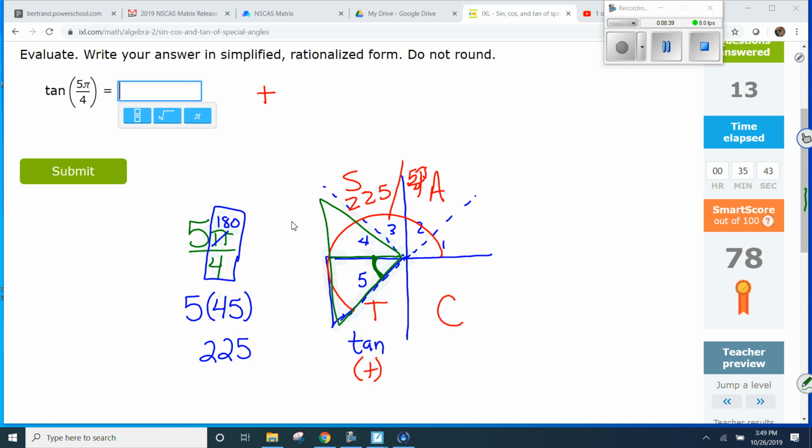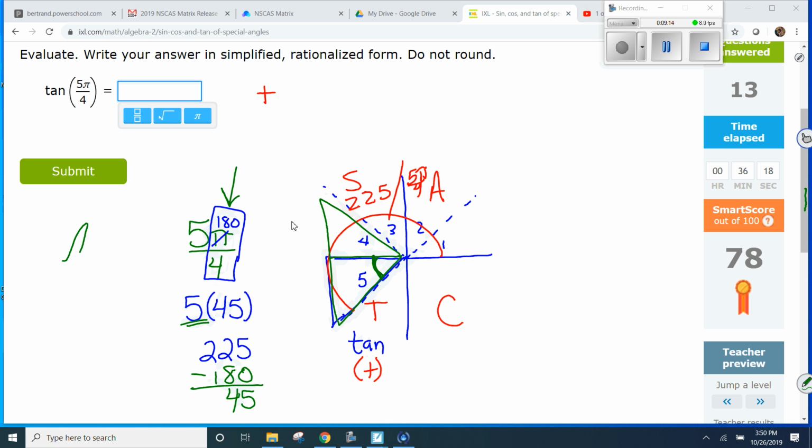And 225, if you subtract 180 from it, if they happen to have given it to you in degree measure, then you are going to end up with a 45-degree reference angle. But like I said, when you simplify that pi over that denominator value, that's going to tell you what your reference angle is. This value of 5 tells you how many of those you have, which will tell you which quadrant you're in. So we happen to be in the third quadrant, 45-degree reference angle. Tangent in the third quadrant is positive, and now you talk about the tangent of 45.